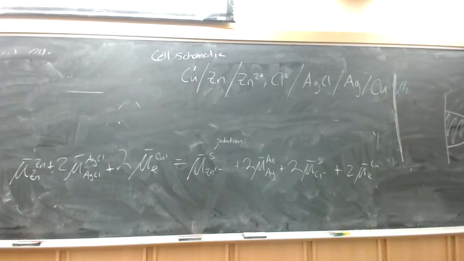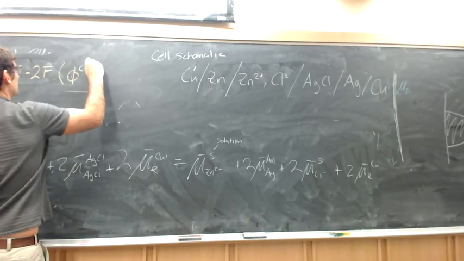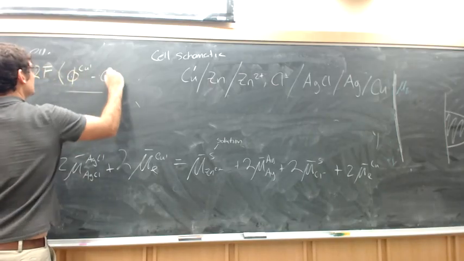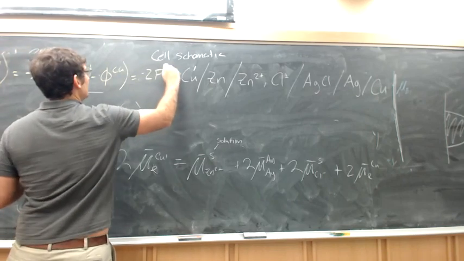So 2 mu bar E copper prime minus mu bar E copper. That's the difference in electrochemical potential of the electrons in the 2 copper clips, equals negative 2 F times phi copper prime minus phi copper, equals negative 2 F times the cell potential.